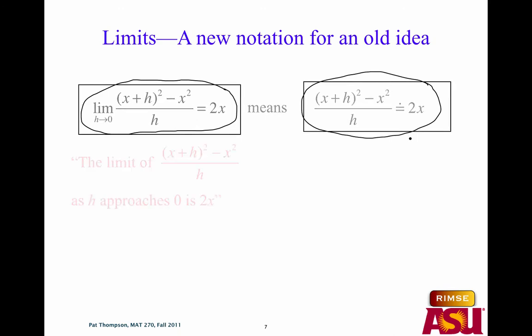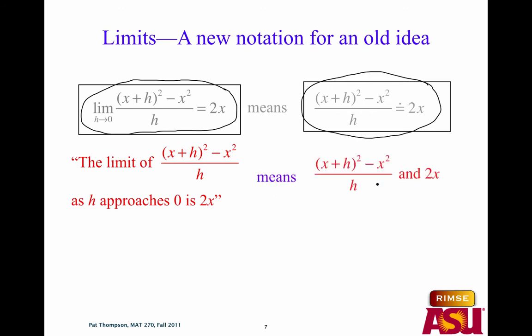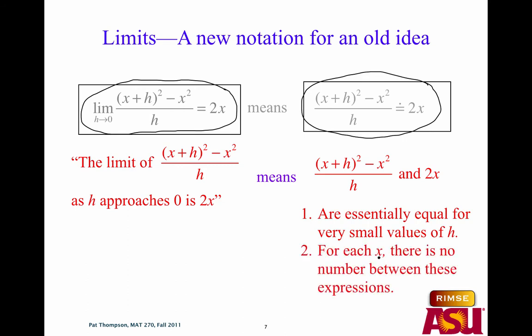Okay, so we say the limit of this quotient as h approaches 0 is 2x, meaning that these two expressions, the quotient and the expression 2x, are essentially equal for very small values of h, and for each x, there is no number in between these two expressions. Okay?